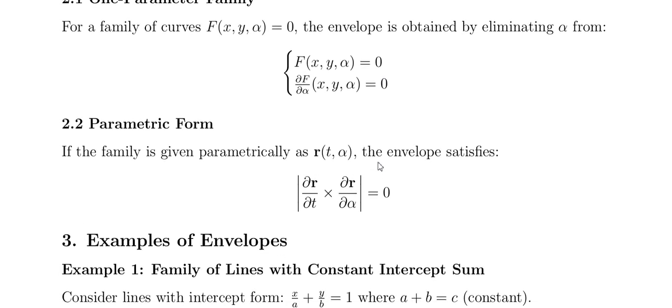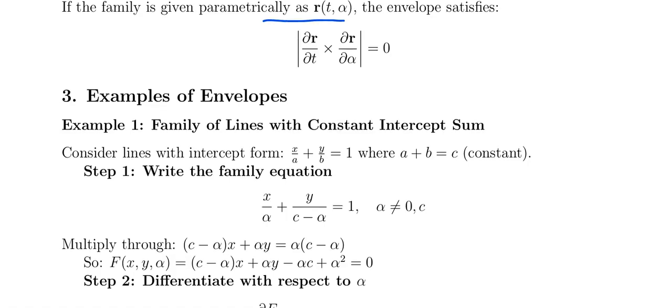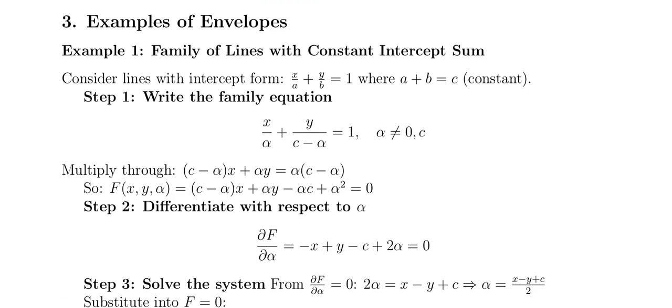In parametric form, if the family is given as r of t comma alpha, then the envelope satisfies dou r by dou t cross dou r by dou alpha equal to 0.